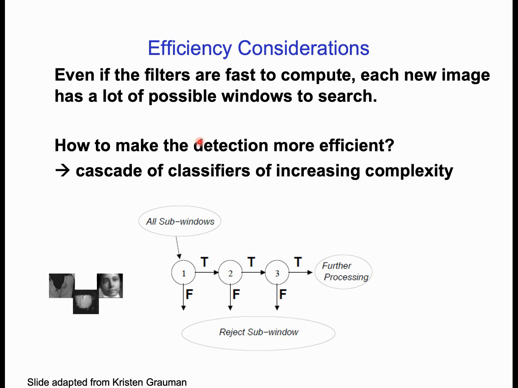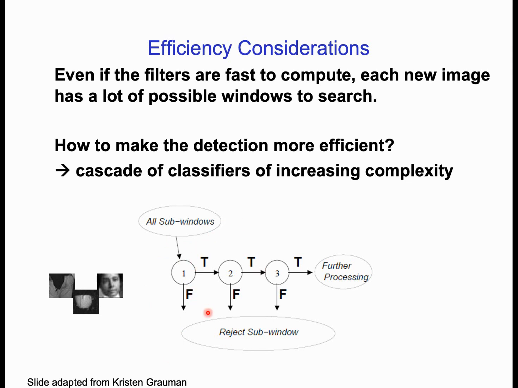The first classifier is not a very strong classifier, but it's able to get rid of many of the patches in the image, saying that they don't have a face. The important point is that this classifier does not get rid of any patches with faces. So it has no false negatives, but a very small number of false positives.